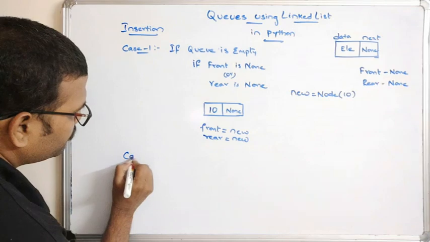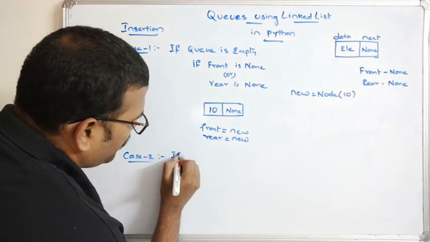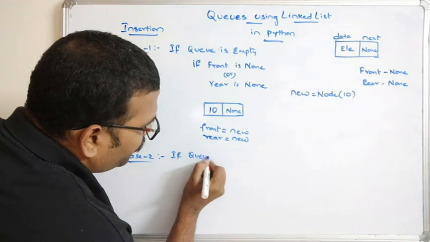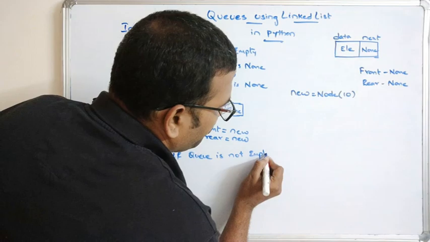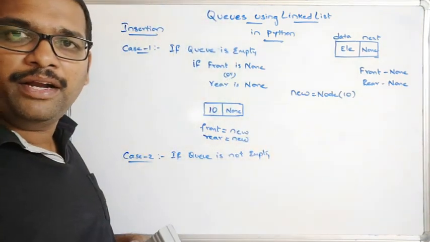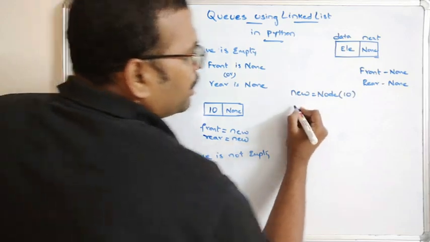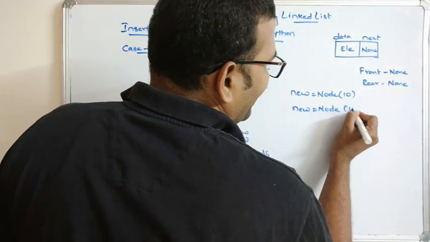And case 2, if the queue is not empty, that means the queue consists of at least one element. What we have to do? Again, go with new is equal to Node of 10.